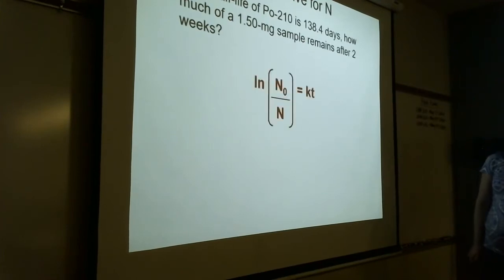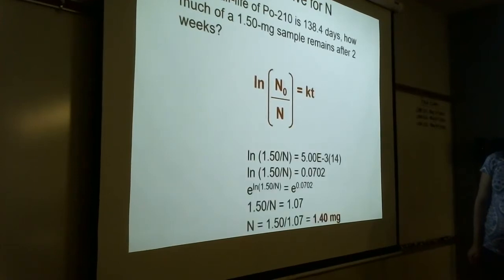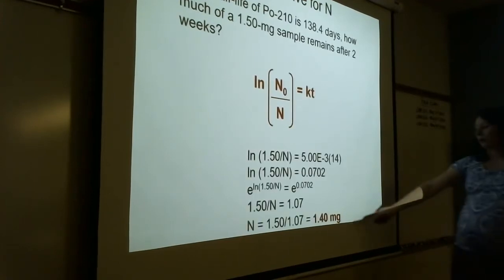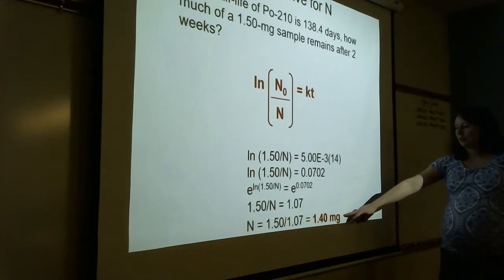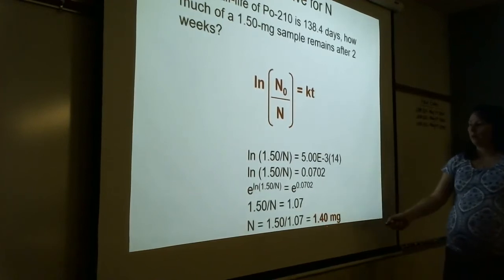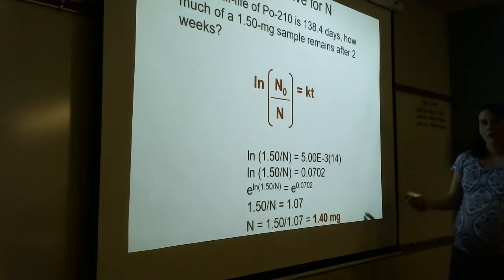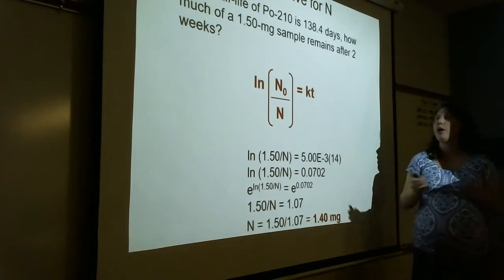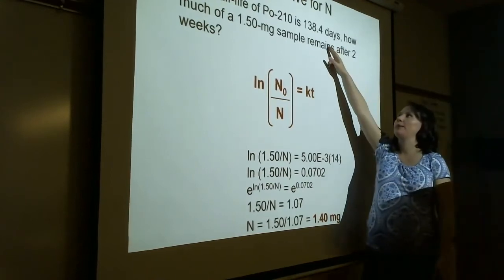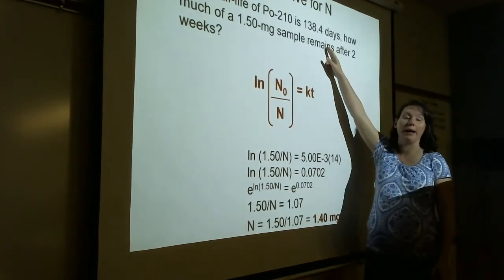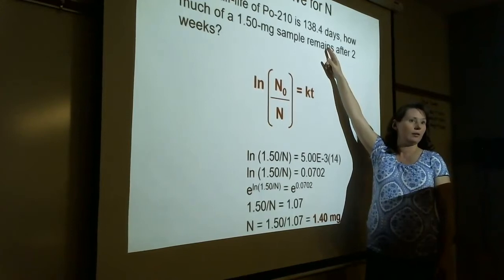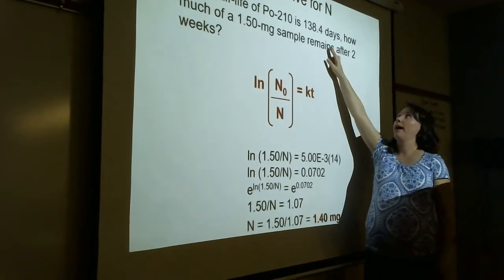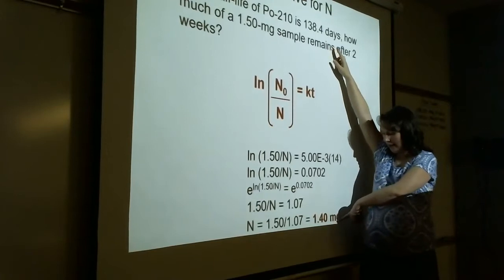2 weeks would be 14 days. So I got 1.4 milligrams. Does that make sense? Started at 1.5, it only went down to 1.4. Well, has a full half-life gone by yet? No. Remember, half-life is the time it takes the sample to go down by 50%.